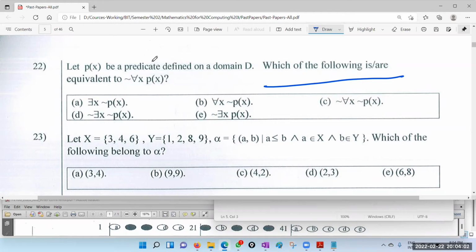Not all x are Px means at least one not-Px is there, right? So that means there exists x, not Px. So Px is not existing, so this can't be. Not Px.